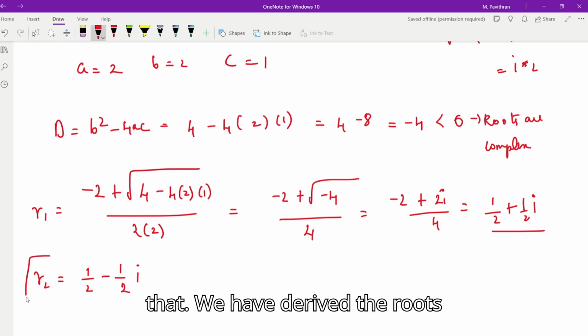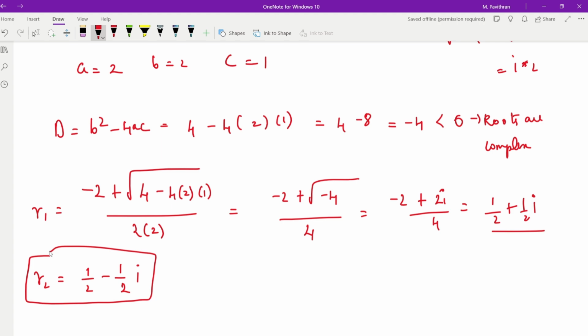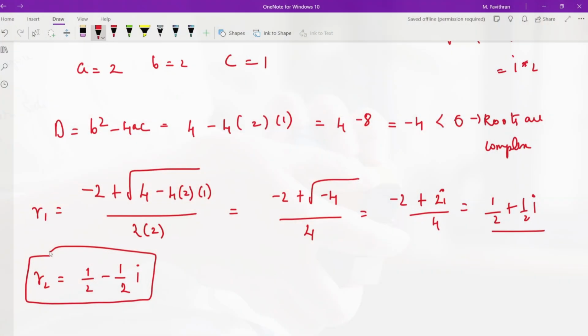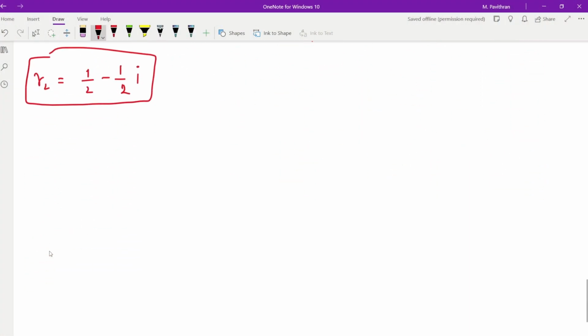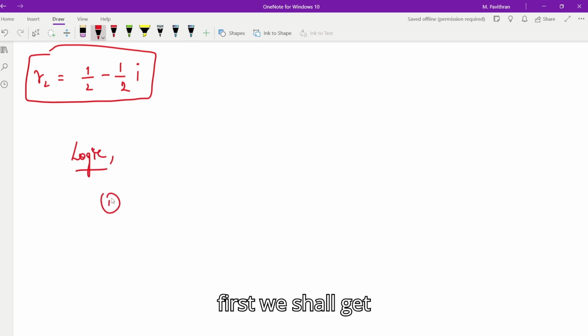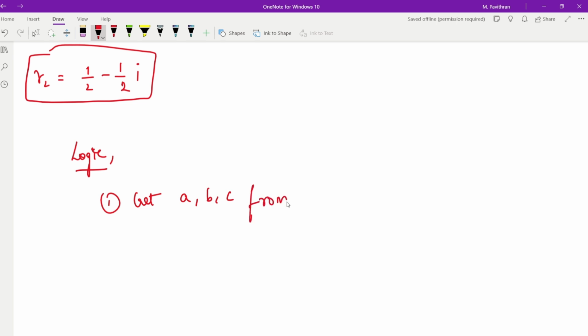right? Now that we have derived the roots of all different types of equation, let's derive the logic out of the solved examples. The logic is that first we shall get the coefficients a, b and the constant from the user.